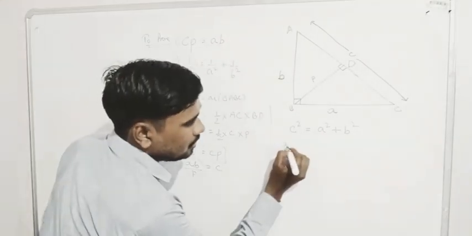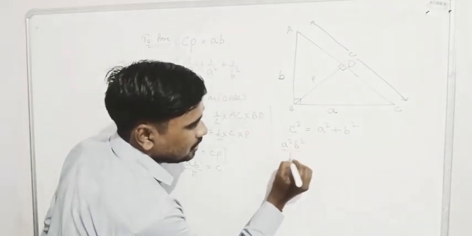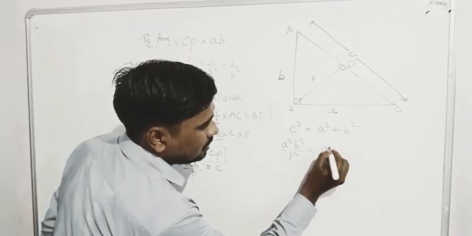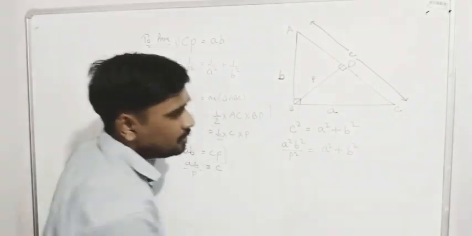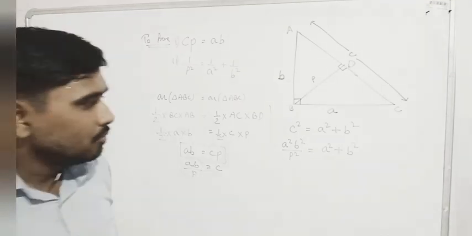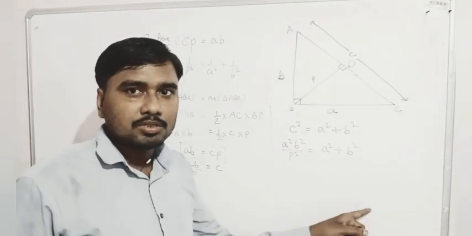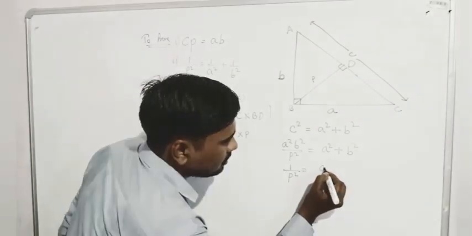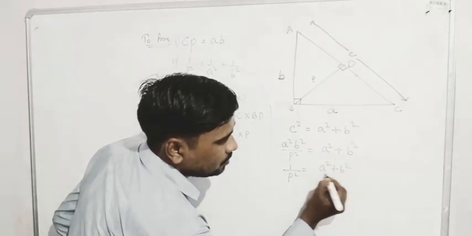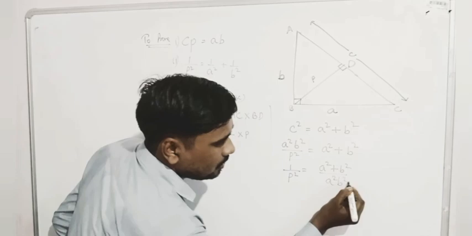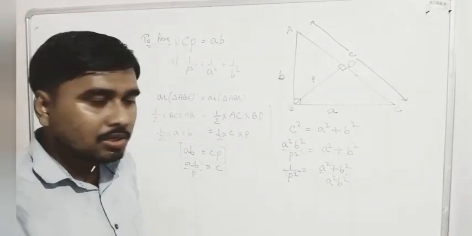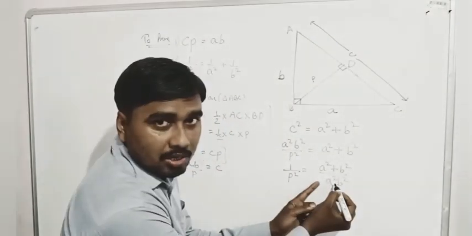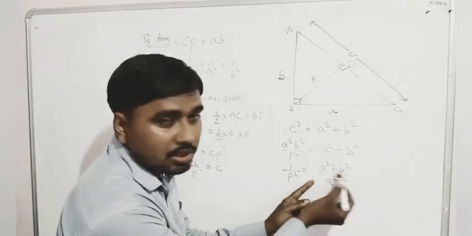So this will be A square B square by P square is equal to A square plus B square. Now we will shift this A square B square this side. So it will be 1 by P square is equal to A square plus B square by A square B square. So you can separate A square and B square because this is the denominator of both the terms.